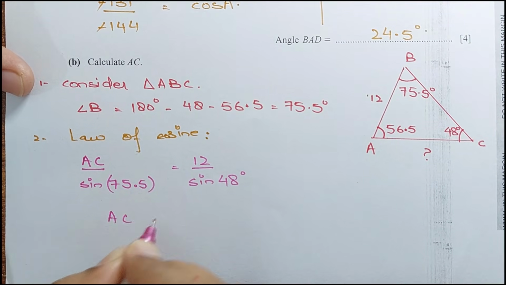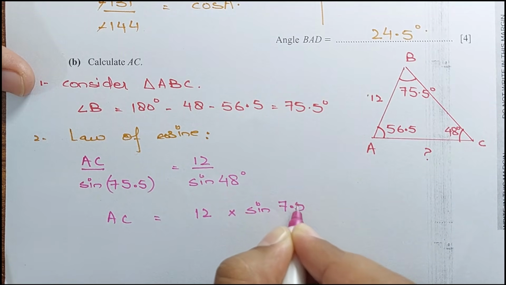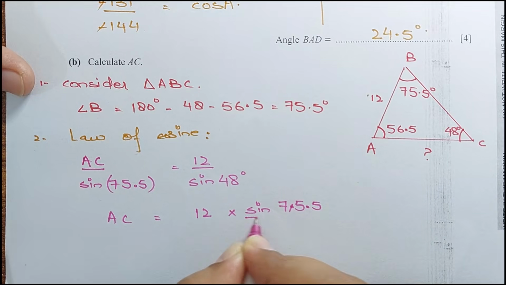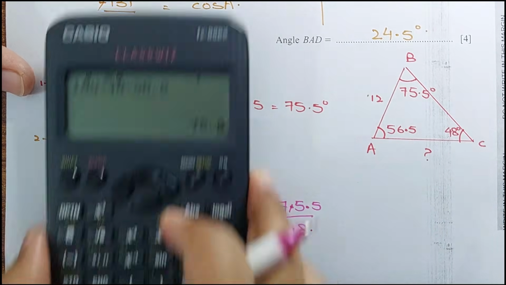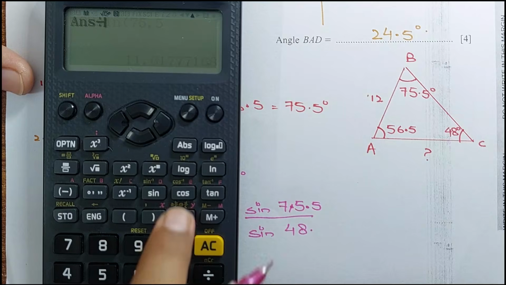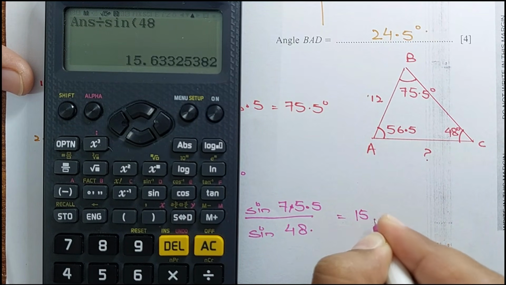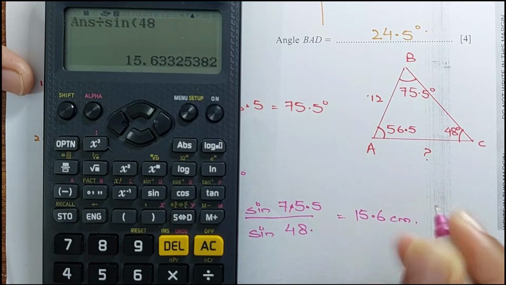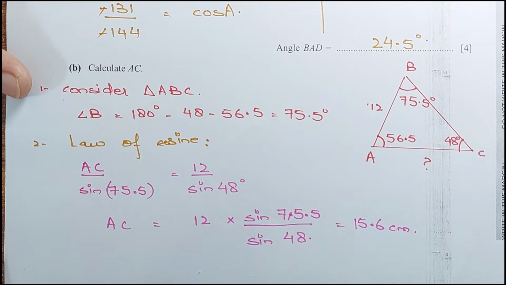AC becomes 12 cross multiplied by sine 75.5 over sine of 48. Let me simplify. 12 times sine 75.5 divided by sine 48 is 15.6 centimeters. This is the length of the line AC.